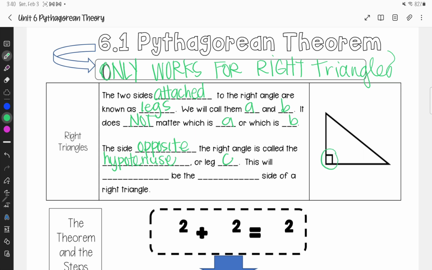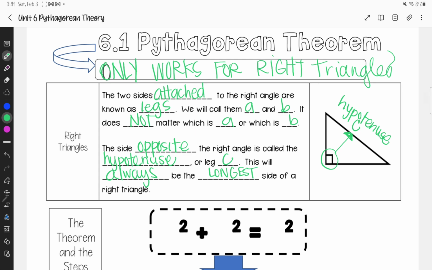So if you find your right angle, the one side that is not touching that right angle is C, which will always be our hypotenuse. Leg C, or your hypotenuse, will always be the longest side. So it has to be the longest side of the right triangle.